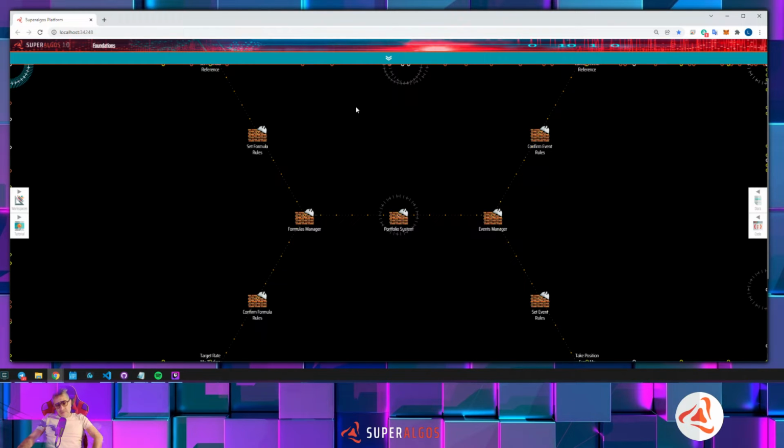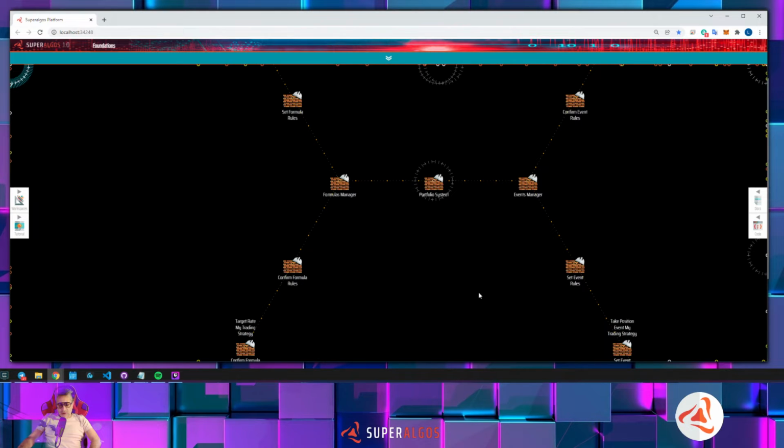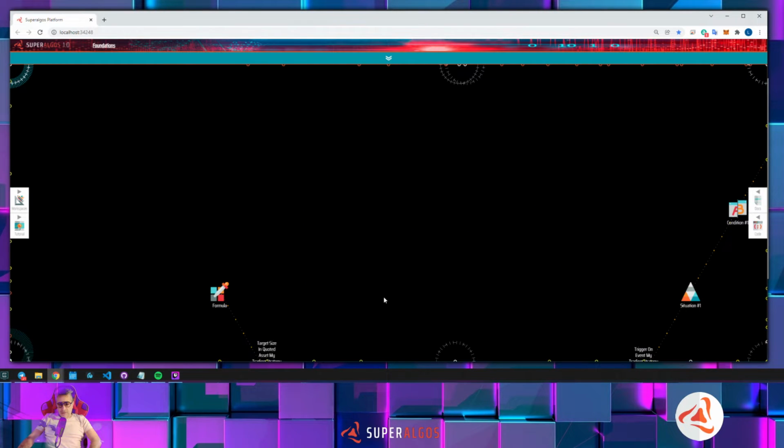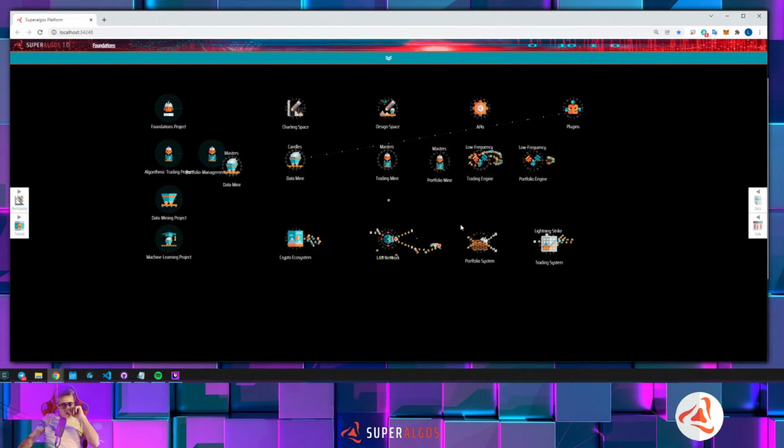Okay, together with the information of all the bots, all the information of all the bots' trading engines. What I can see here now, I'm seeing something.